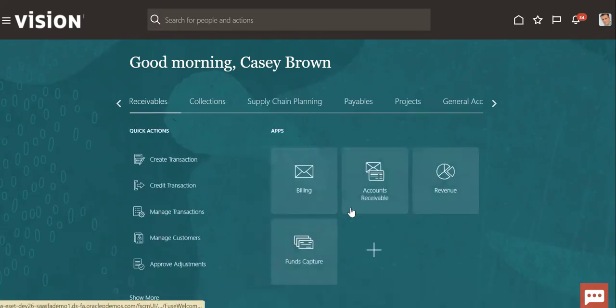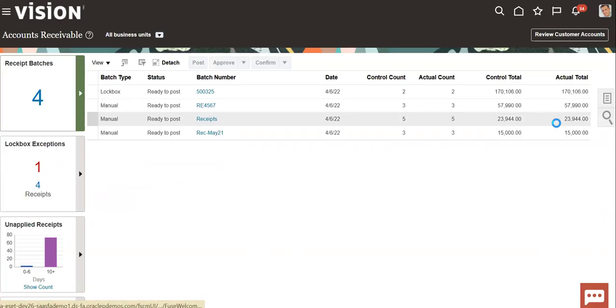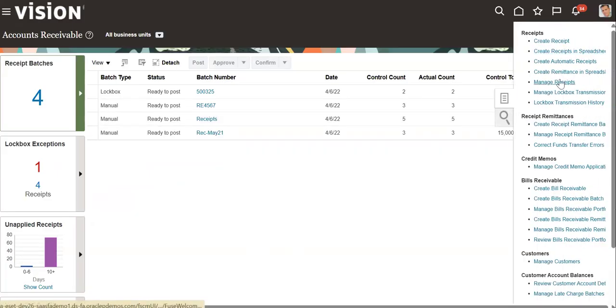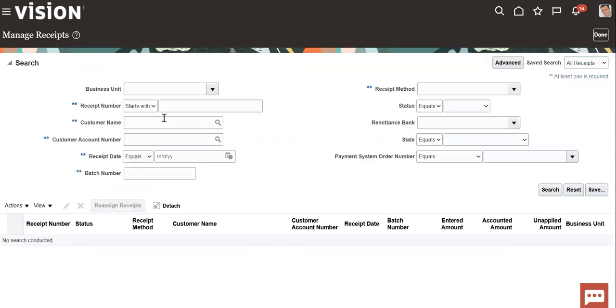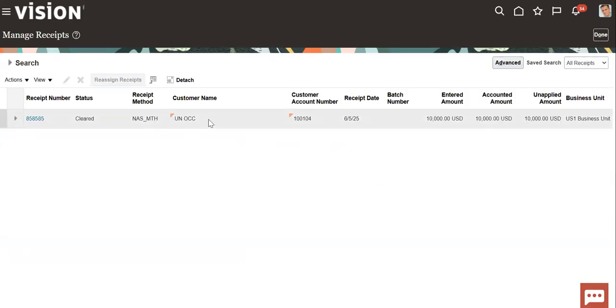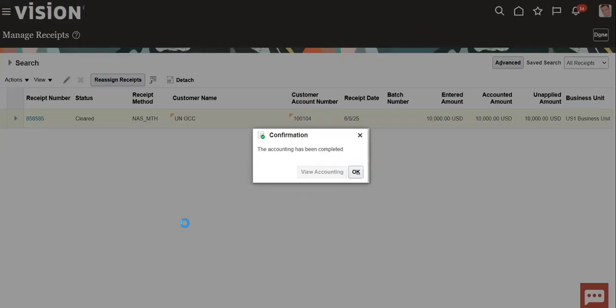I go to receivable, manage receipts. Now, if you see, status is cleared. So I do account in draft, view accounting.